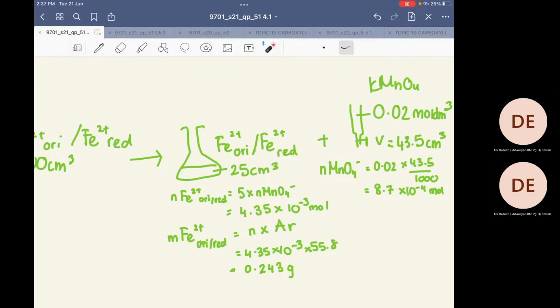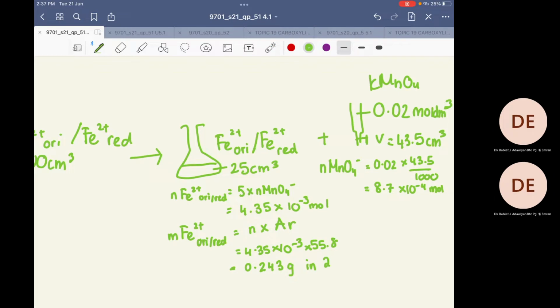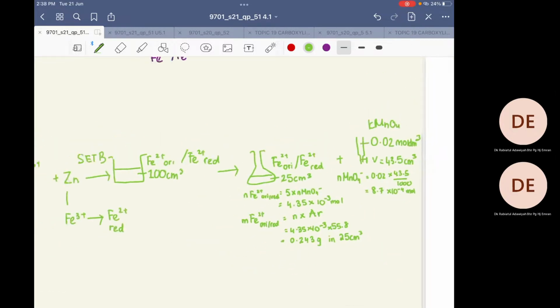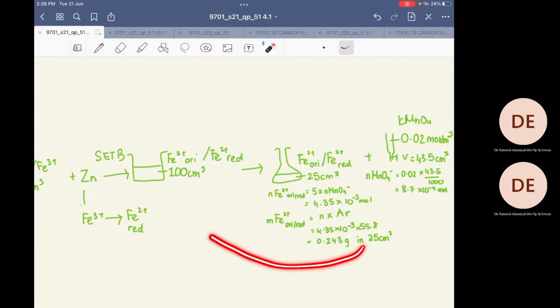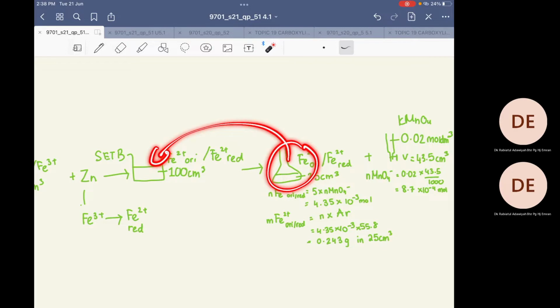Now remember, this mass is only for volume 25 cm³. So the mass in 25 cm³ is 0.243 grams. If you read the question, they want the mass in which volume? 100. So that means they want the mass in this beaker, which is related because you took 25 cm³ out of that beaker, right?